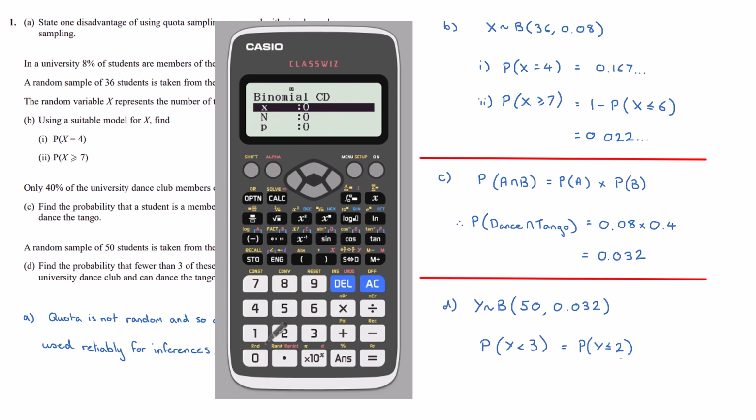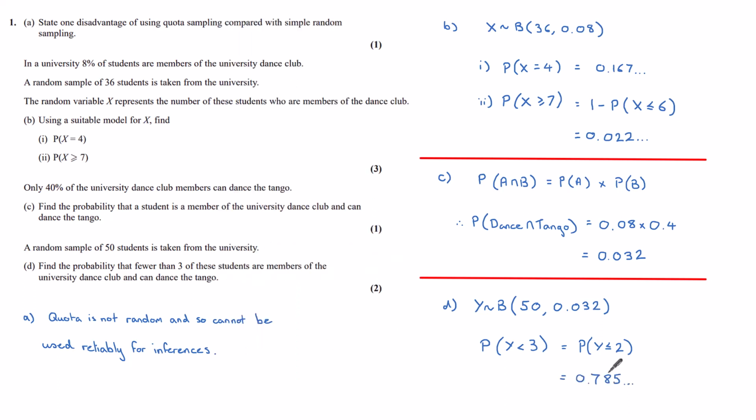Our x now is 2, our n now is 50, and our probability is 0.032. And that gives us a value of 0.785 and so on. And hopefully I've shown that we get the value of 0.785.